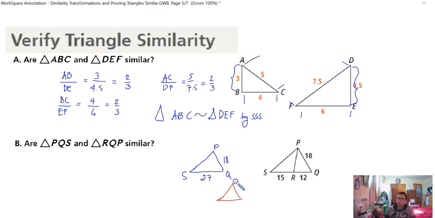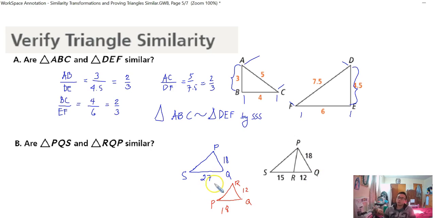So this one will be R. Let's say this is R, this is P, and this is Q. So I flipped that. So I know that my RQ, it's this one, it's 12. And then my PQ, it's 18.